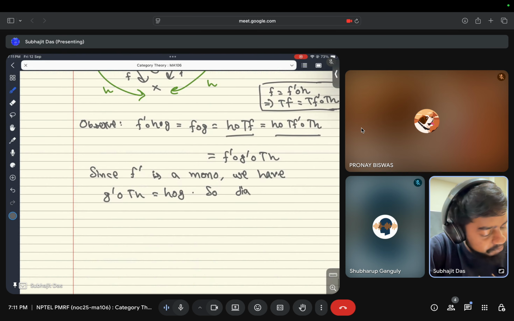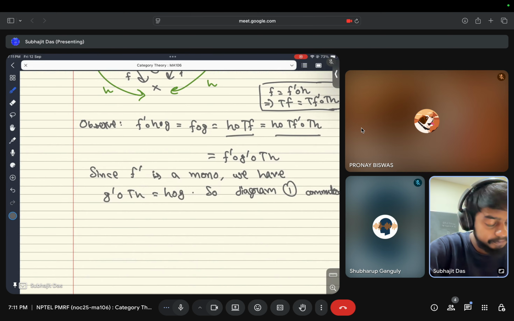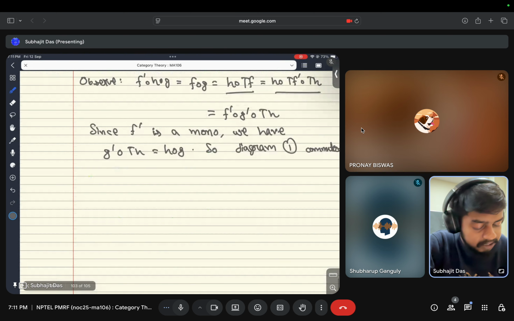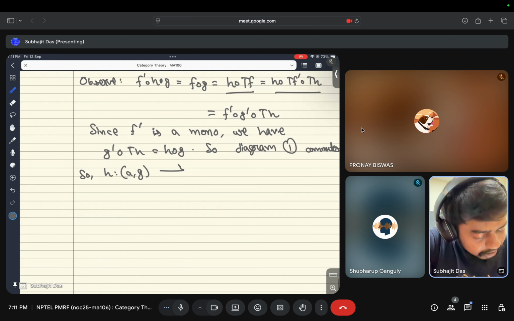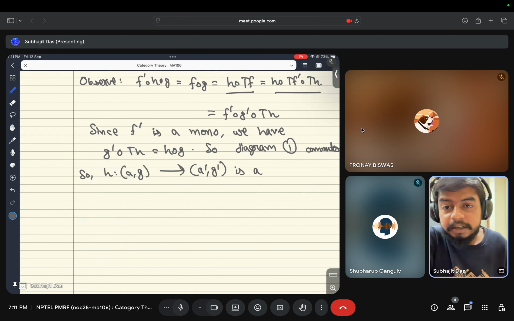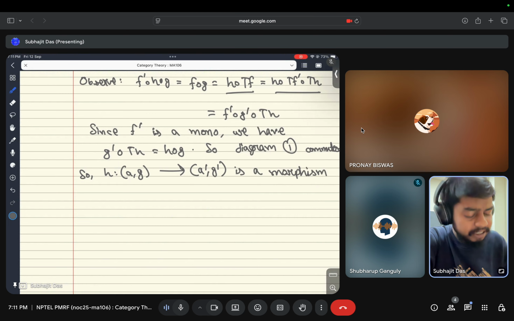So diagram 1 commutes, right? That means H from A, G to A prime, G prime is a morphism in C power T.